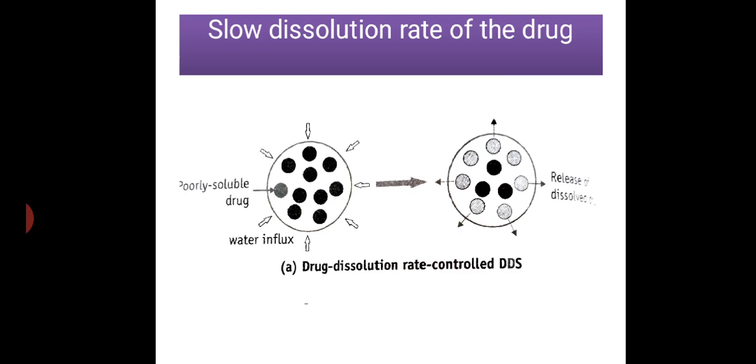The water molecules can be imbibed through this polymeric membrane into the system. And what happens, the entire drug is not dissolving at a time, and it takes some time for the drug molecule to dissolve. So some drug molecules dissolve, and the drug that dissolves is slowly released out of the system. So this slow dissolution of the drug is the one mechanism.